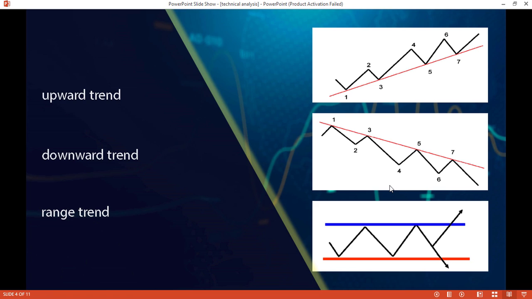A key point you need to know is that these lines show us the major mindset and major opinion, the public opinion of the traders in the market.